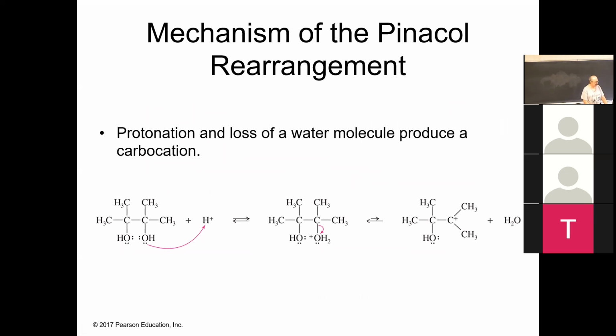So here's the mechanism. As we would expect, oxygen picks up a proton from sulfuric acid. Then water leaves. Just one of these gets protonated. Water leaves. And we've got a tertiary carbocation. And as a tertiary carbocation, you probably wouldn't think that would rearrange, but it does.